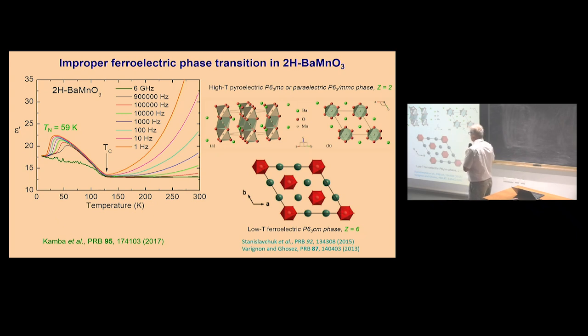I will show you another piece of evidence. You can ask, what is this frequency dependence here? You can see strong frequency dependence of permittivity, and even giant permittivity at low frequencies, if the system has small conductivity. Then you have inhomogeneous conductivity in the system.